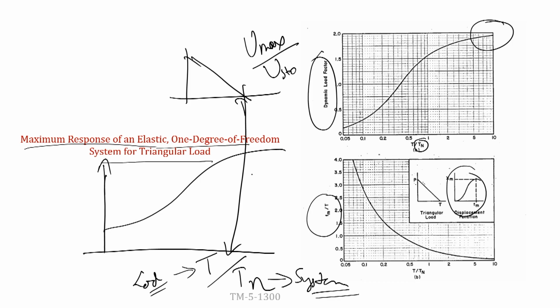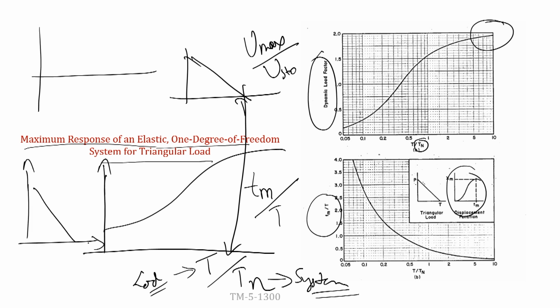The other quantity is the time at which the maximum value will be reached. If you look at a system oscillating under P(t), first there is a forced vibration part, then there is a free vibration part.